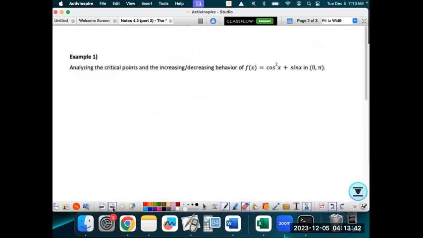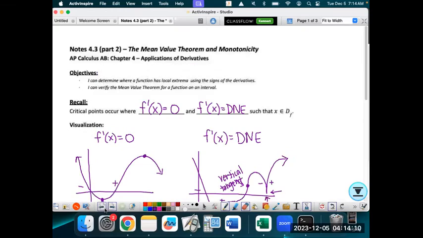So flipping to the next page, let's get into our first example here. We're going to analyze the critical points in the increasing, decreasing behavior. So when I say analyze the critical points, I mean, do we have local maxes, local mins, or neither? Because if I were to look at that critical point with my vertical tangent here on the front, that's not a local max, it's not a local min.